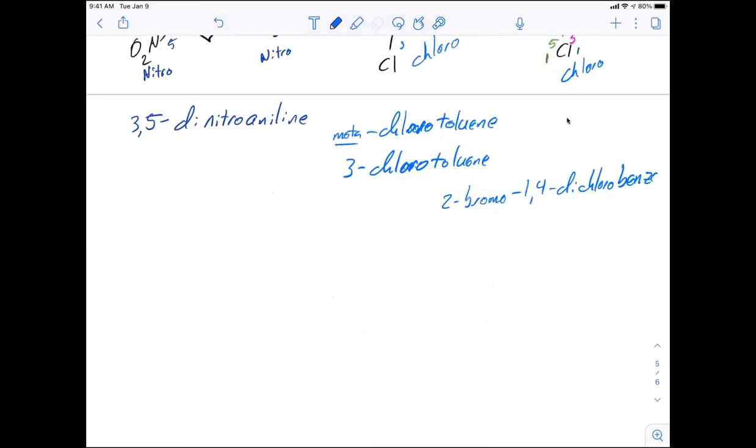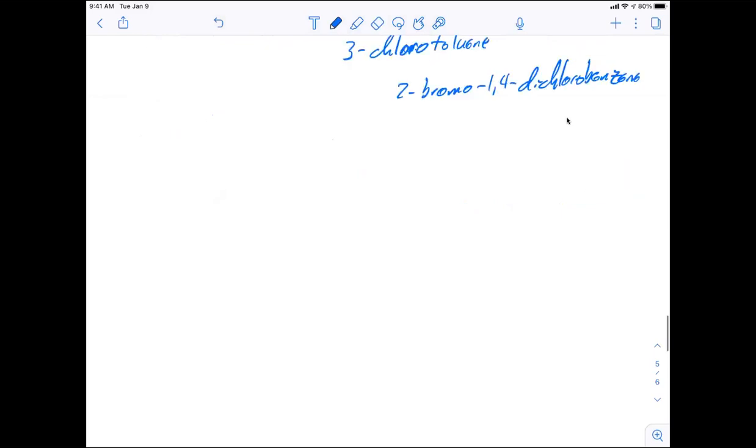I didn't leave myself enough room. Really long name. Okay. Questions about nomenclature? Okay, let's move into structures.